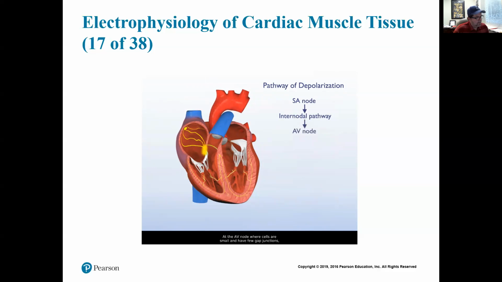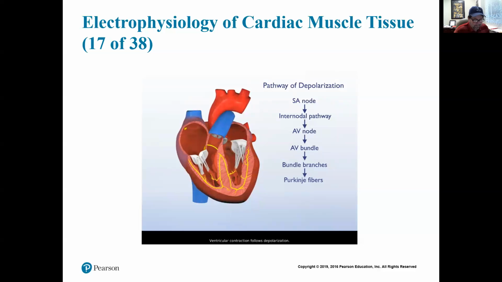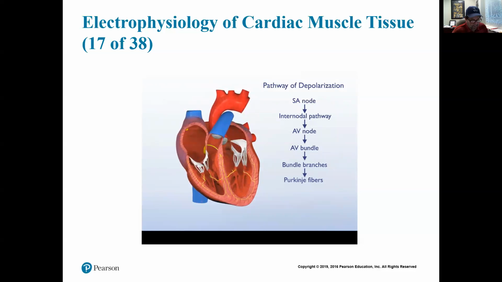At the AV node, where cells are small and have few gap junctions, conduction of the impulse is slowed as atrial contraction proceeds. The electrical impulse leaves the AV node via the AV bundle and rapidly propagates through the bundle branches. Rapid conduction continues throughout the Purkinje fibers, depolarizing the ventricles. Ventricular contraction follows depolarization. The contraction ends as the ventricles repolarize and relax.